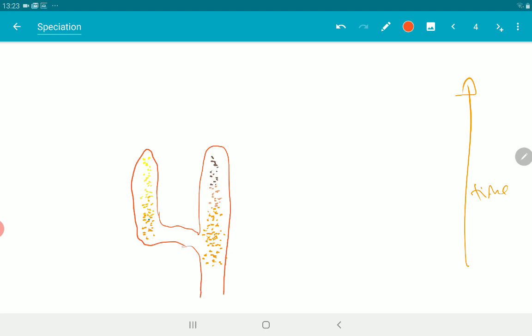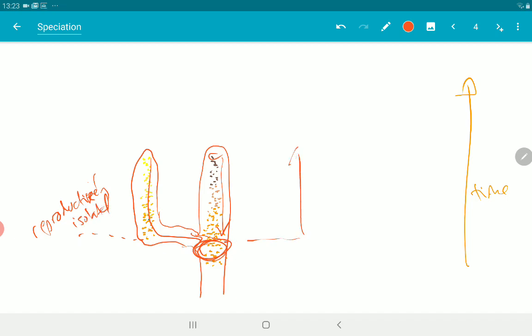And here we would find ancestors that were ancestors for these guys here and ancestors of these guys here. And at this point in time, they became reproductively isolated. From that point in time onwards, they were reproductively isolated. And the organisms that we find here at that moment are what we call the last common ancestor of those two populations, of that population and that population.